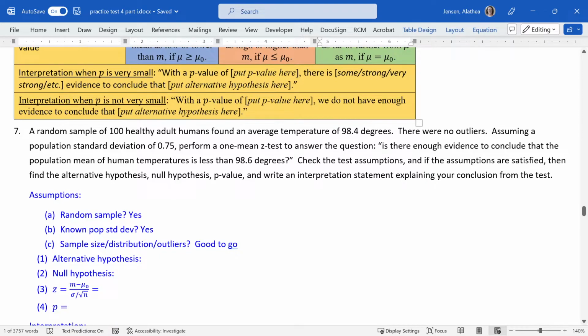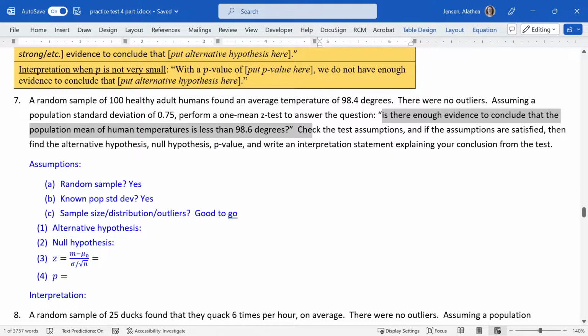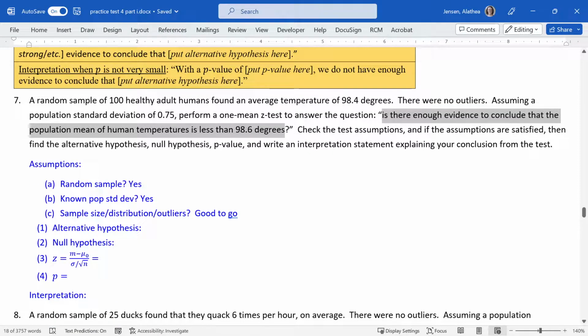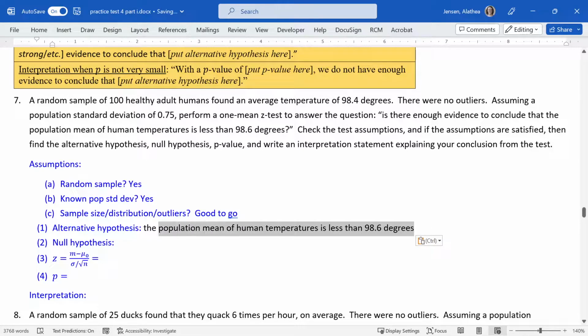So the thing that you're trying to show is always what is given in the question, okay, the question statement. So is there enough evidence to conclude whatever comes after that is your alternative hypothesis. So our alternative hypothesis is the population mean of human temperatures is less than 98.6 degrees. Okay, so that is the alternative hypothesis.